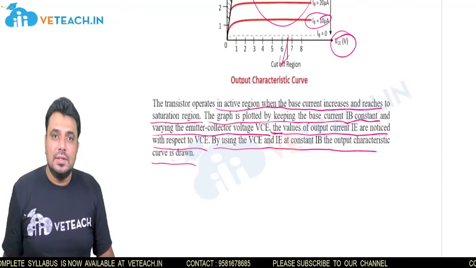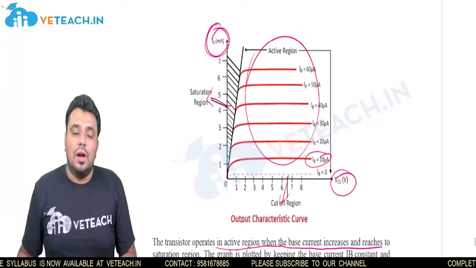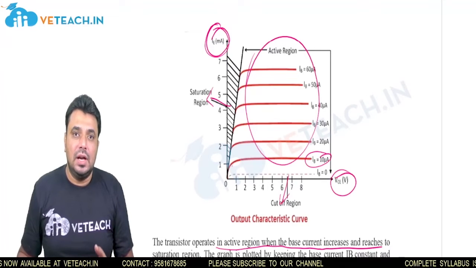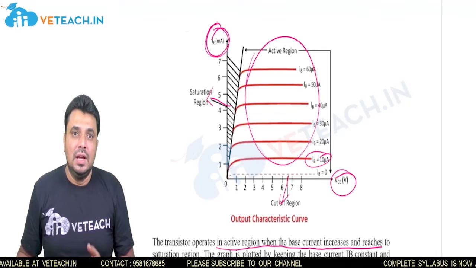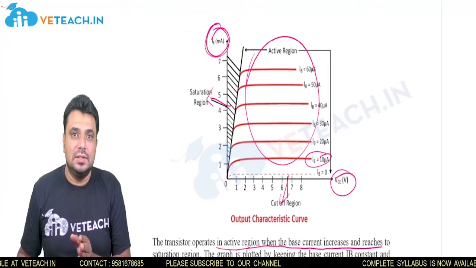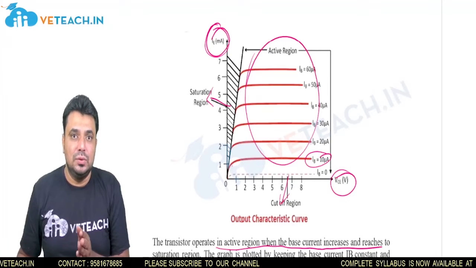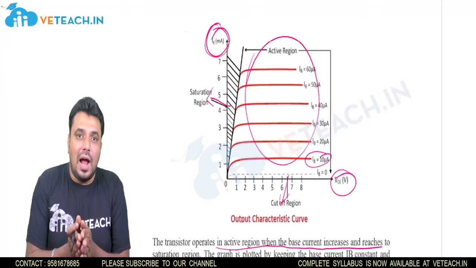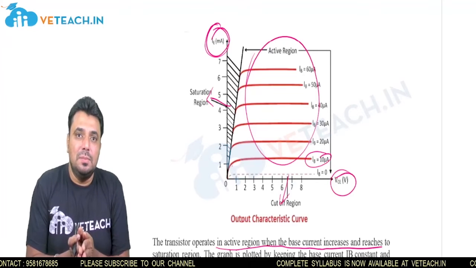So we can draw the output characteristics for all the configurations: CB, CE and CC. The CC configuration is especially used for impedance matching, and it has high current gain compared to CB and CE.